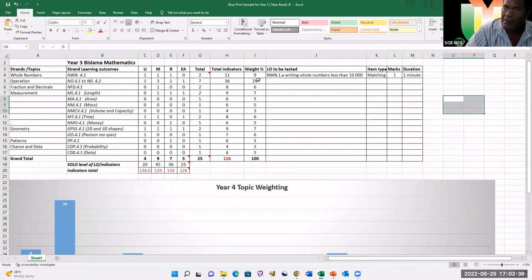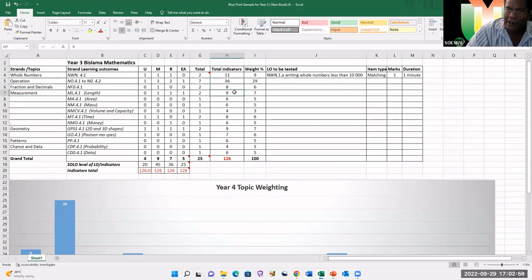We got 11 indicators for all numbers in year 3. We got 36 for operations. For fractions and decimals, we have 8 indicators.